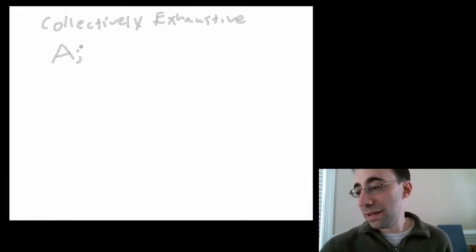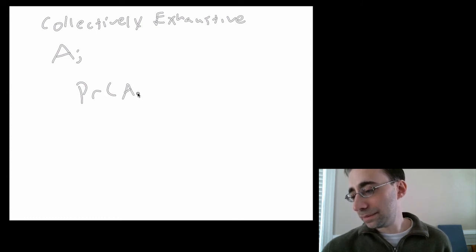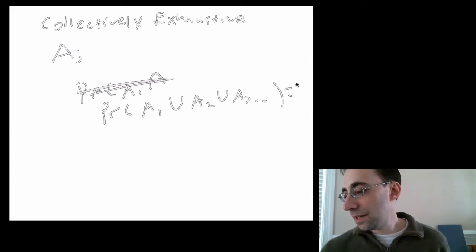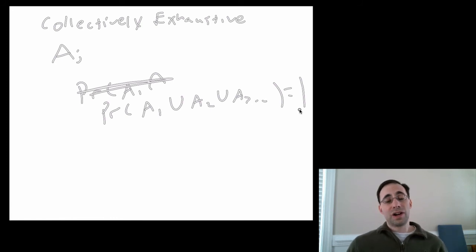So the probability of the union, A1 or A2 or A3, is going to equal 1. If events are collectively exhaustive, the chance that at least one of them happens is exactly equal to 1. They cover the entire sample space.